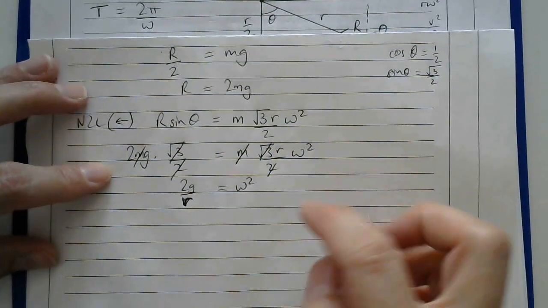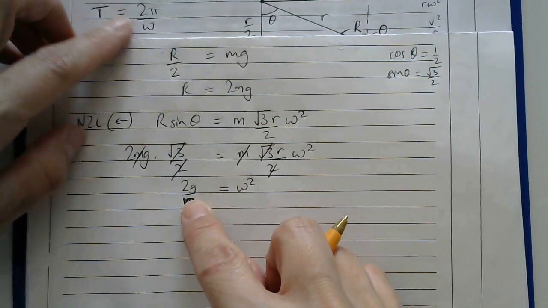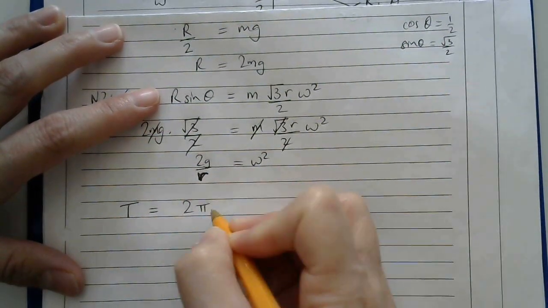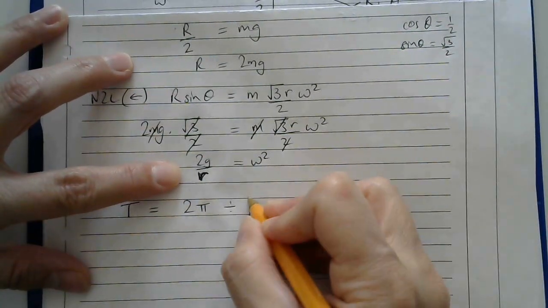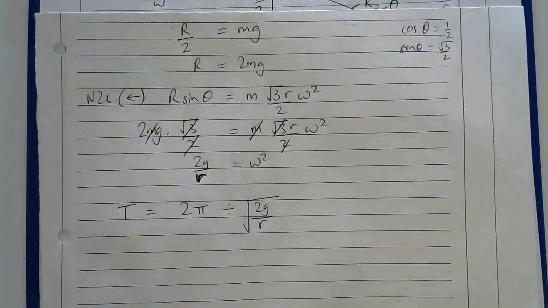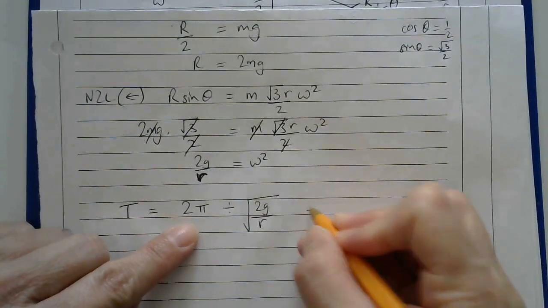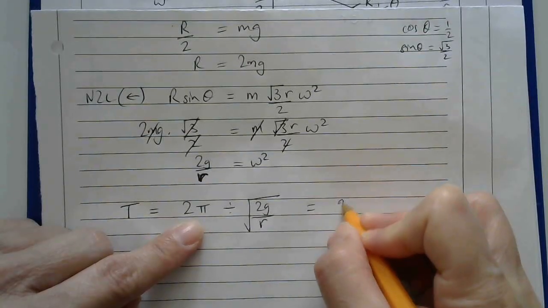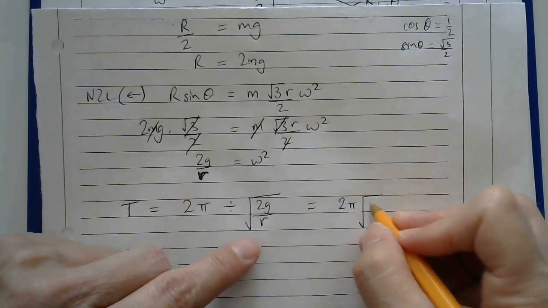And now popping the square root of this into here, then I get t is 2 pi divided by the square root of this, and that will make 2 pi multiplied by the reciprocal of this.